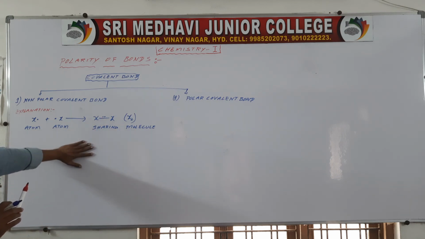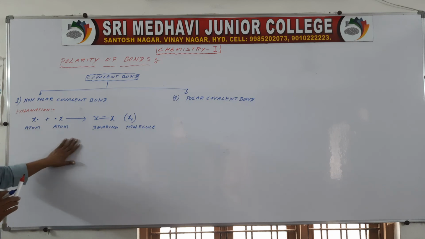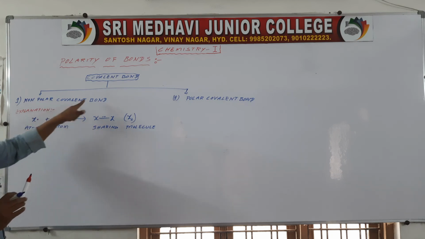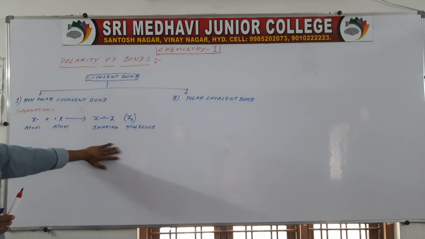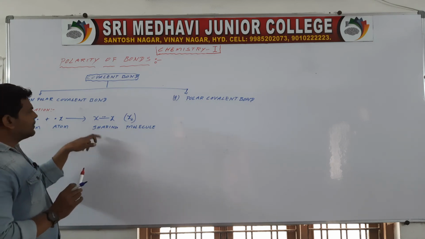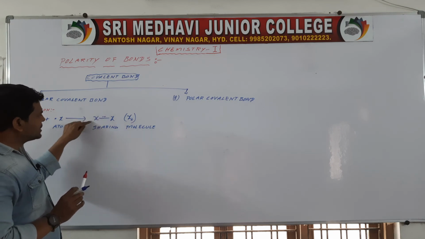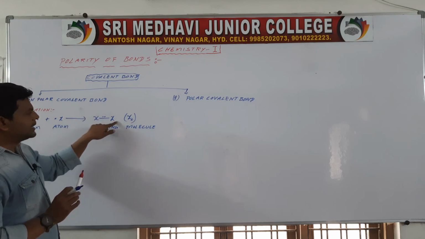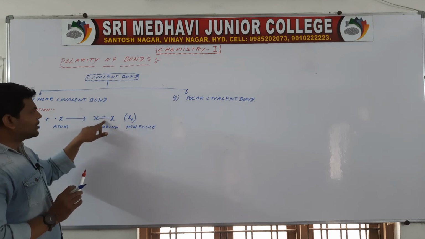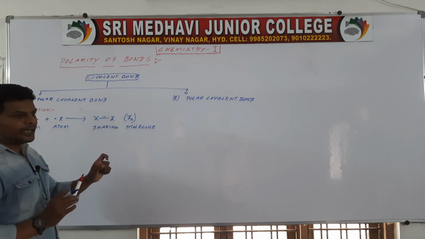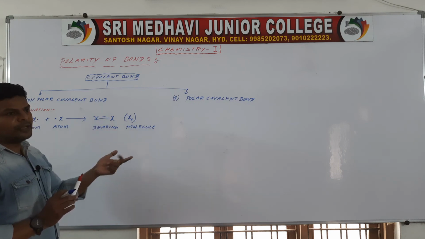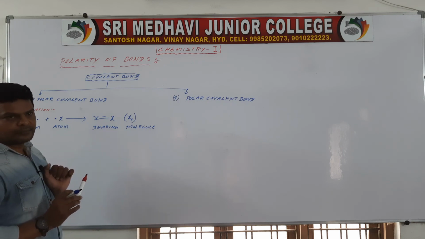If one electron pair is shared between two same atoms, a non-polar covalent bond is formed. A non-polar covalent bond is formed means the electron pair is at equal distance from the nucleus of this atom and the nucleus of that atom. The electron pair is located at the same distance from both nuclei.